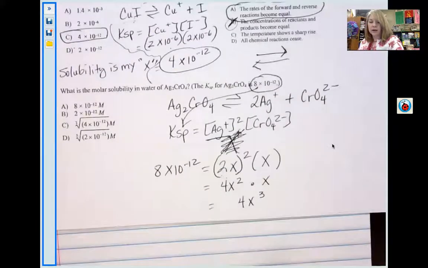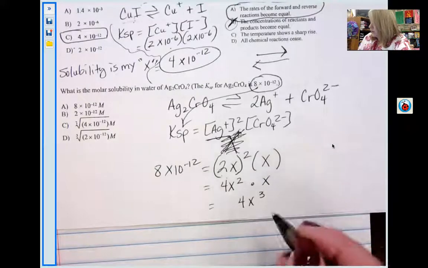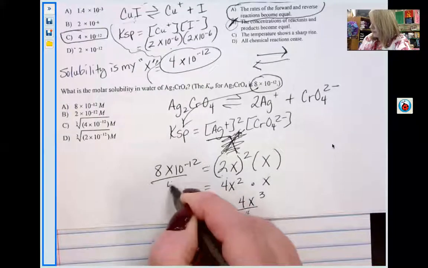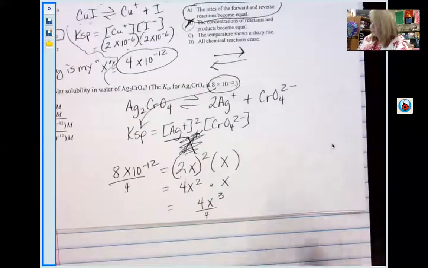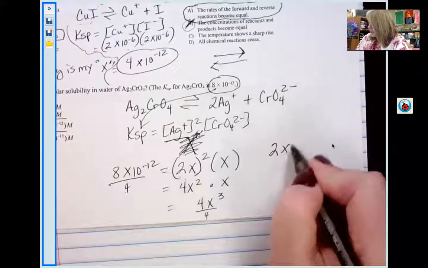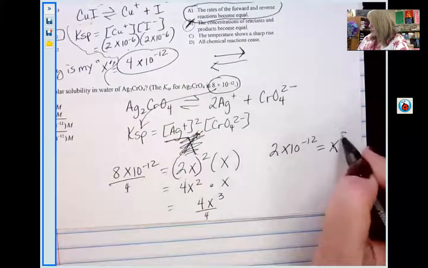Okay, 4x cubed. So to solve for this, we would need to divide both sides by 4. 8 divided by 4 is, running out of room over here, is 2, right? And 2 times 10 to the negative 12, but that's still equal to x cubed.